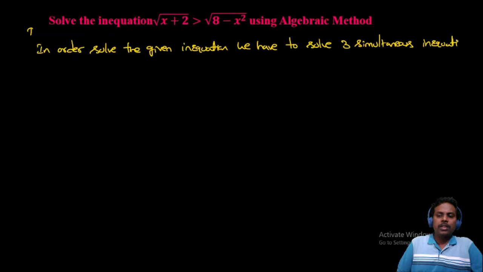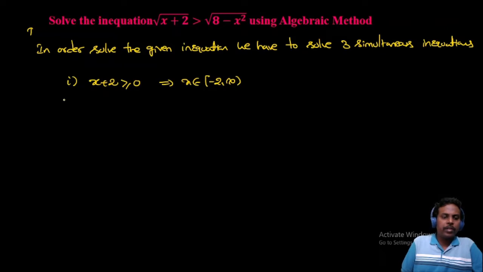So in this case, what are the inequations? The first inequation is x plus 2 greater than or equal to 0, for which you know the solution. X belongs to the interval minus 2 to infinity.